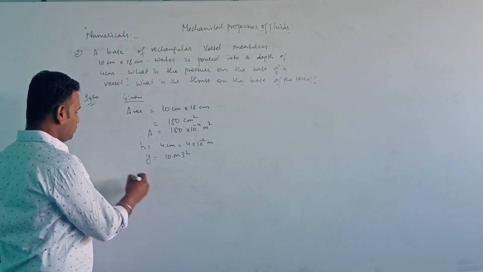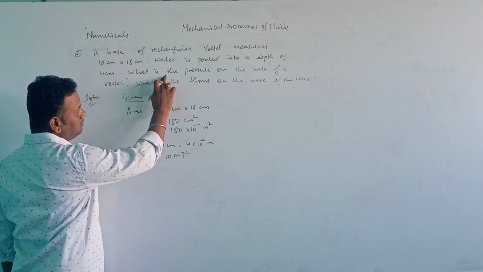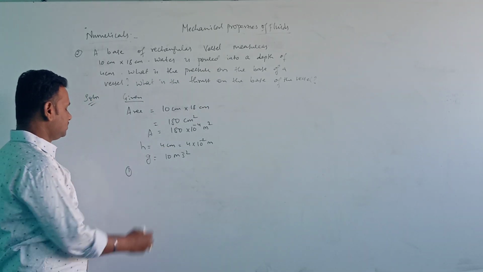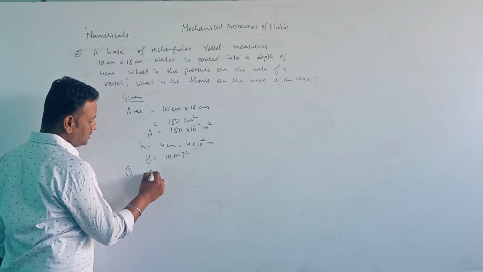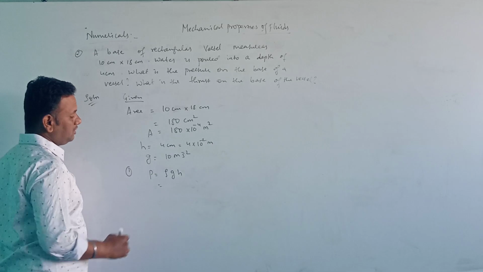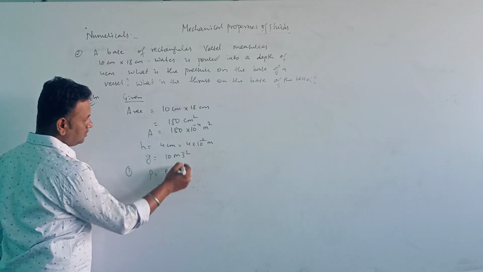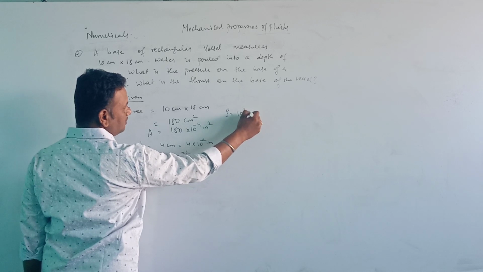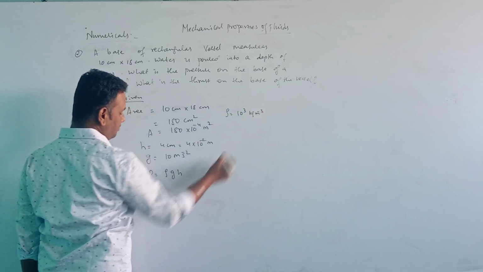Okay. So for our first question, what is the pressure on the base of a vessel? So for that P is equal to rho g h. Okay. So rho means it is density of water. We will take rho as 10 to the power of 3 kg per cubic meter.